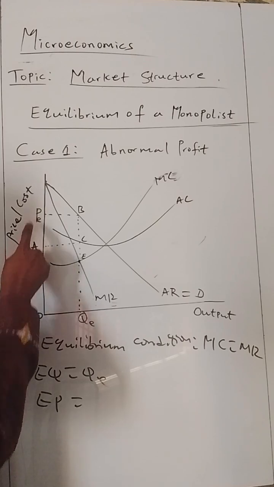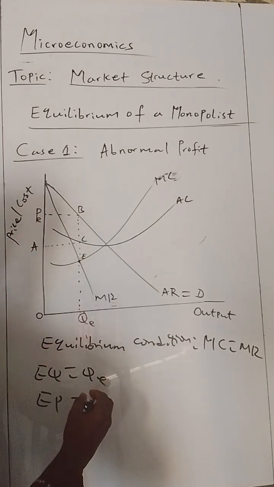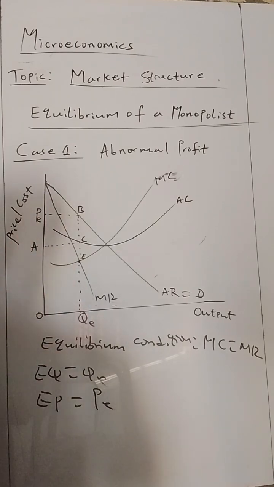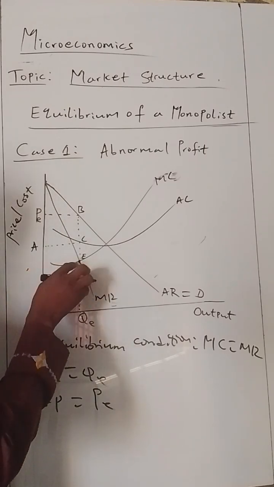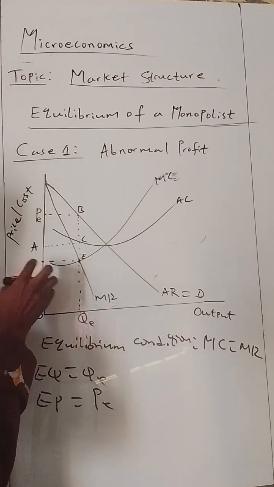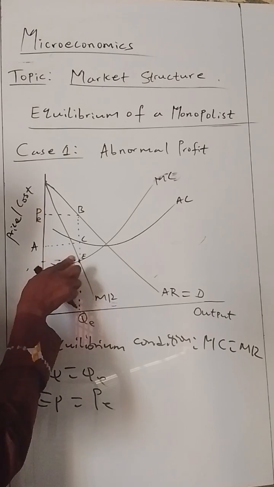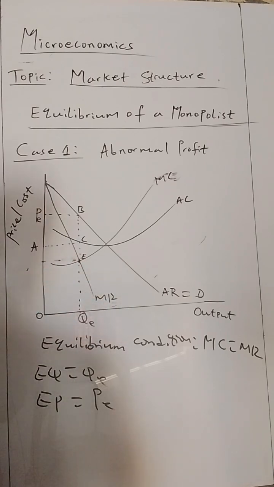That means the equilibrium price is PE, not this point. So you cannot say this is the equilibrium price, because MR is not a demand curve. Hope that is clear.